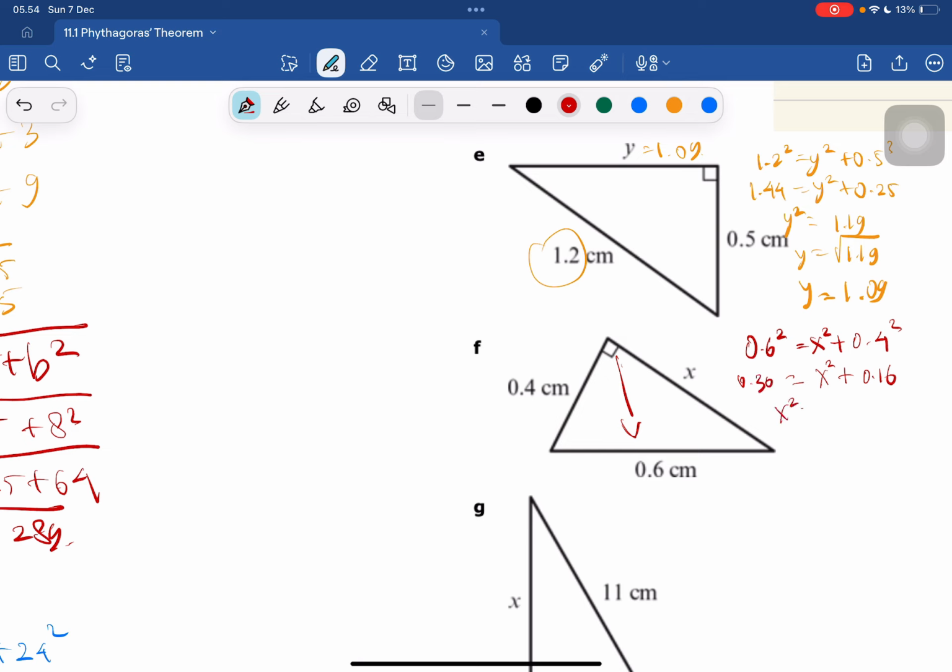So x squared equal to 0.36 minus 0.16, which will give us the answer 0.2. So we'll find the square root of 0.2. So the x is equal to 0.45.